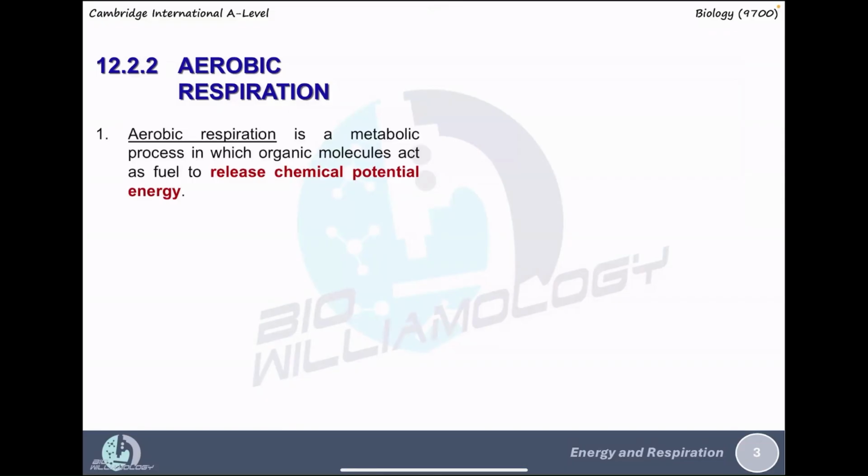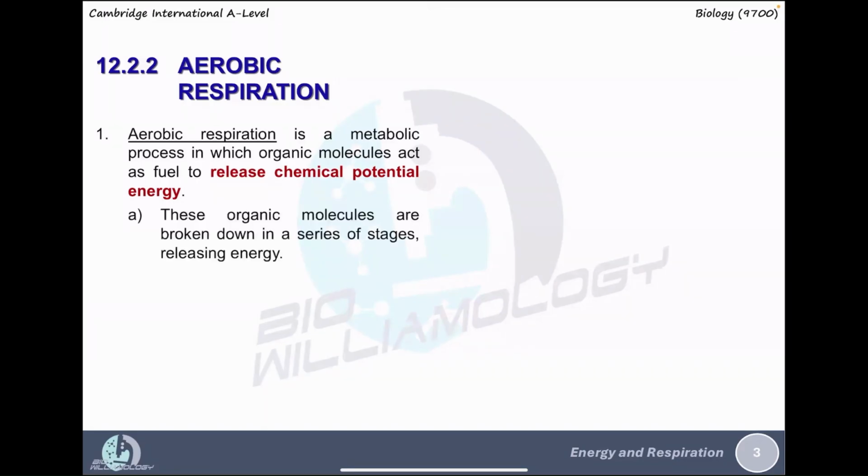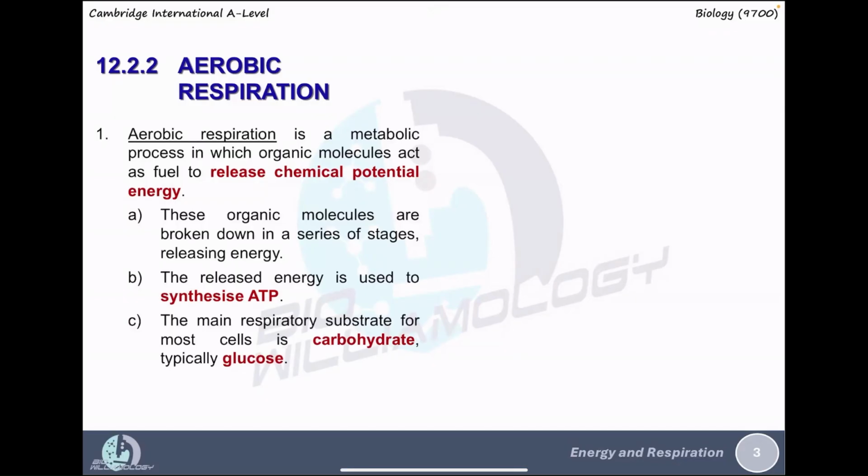Aerobic respiration is a metabolic process in which organic molecules act as a fuel to release chemical potential energy in the presence of oxygen. So these organic molecules are broken down in a series of stages, releasing energy. This released energy is captured and is used to synthesize ATP. The main respiratory substrate for most cells is carbohydrate.